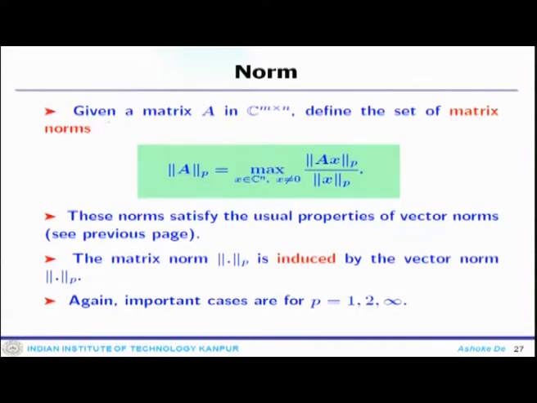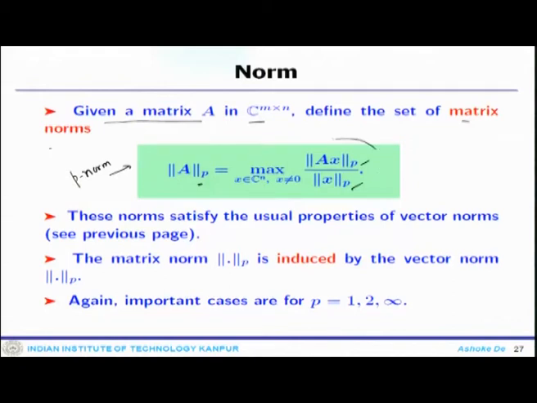Once we define this matrix norm, we can see how other information can be obtained. For example, we are given a matrix A in Cmn, and we define the set of matrix norms. So, for mod A, it is a P norm for the matrix. We are trying to find the P norm, which will be the maximum over x belonging to Cn, where x is not equal to 0, of the ratio of the P norm of Ax to the P norm of x.